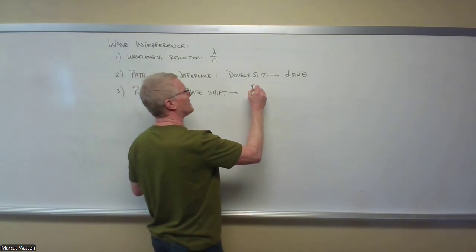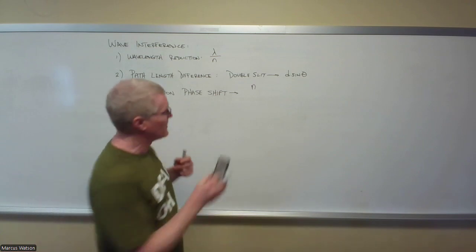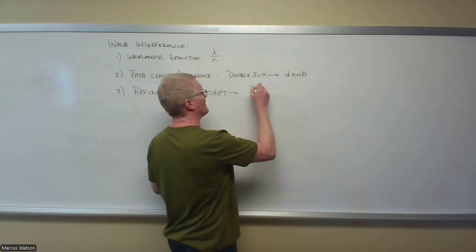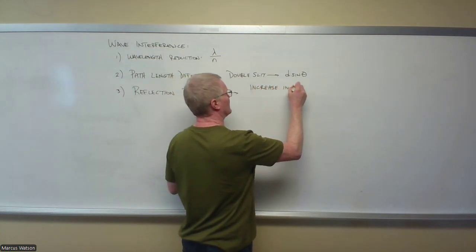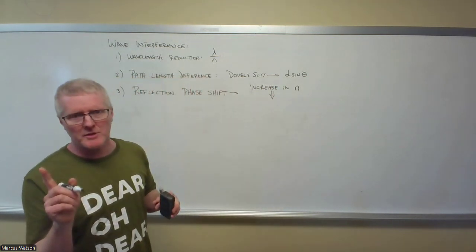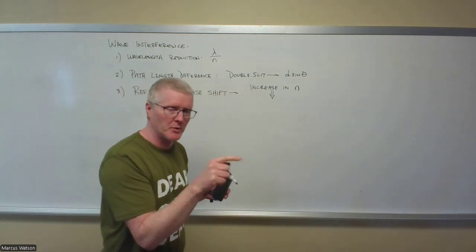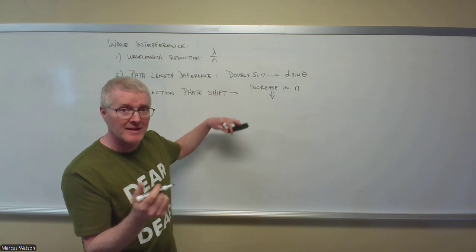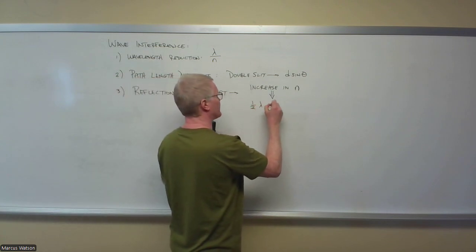And the rule here is, actually we'll do it this way. If you are going from a material in which the index is lower and you're bouncing off a material in which the index is higher, in other words, there's an increase in the index, then there's going to be half a wavelength shift.